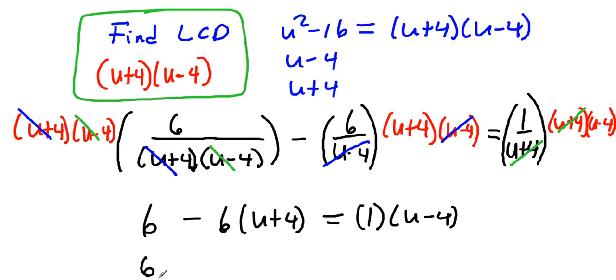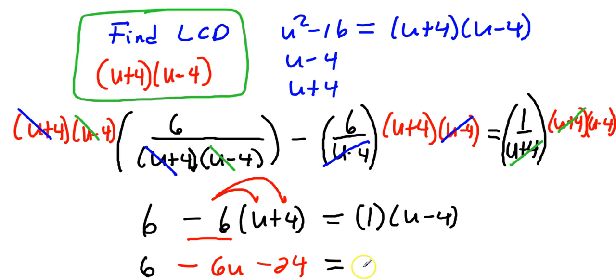Again, because of the minus and the 6 that's here, realize that it is negative 6 times u, and negative 6 times 4, so this will be minus 6u minus 24. The sign in front always goes with that number. The right-hand side is just 1 times that, so that doesn't change anything. That one is just u minus 4.